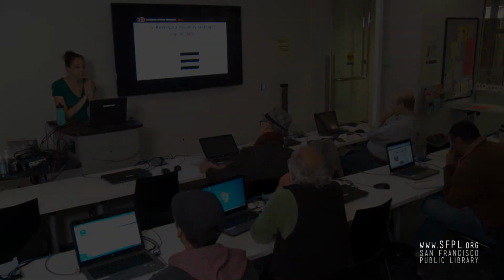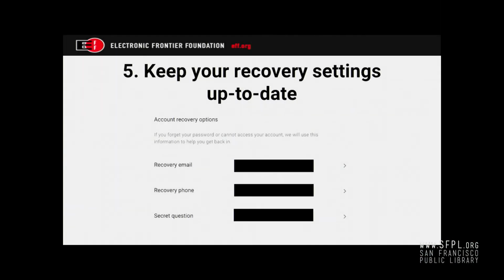This next tip, our second to last one, so we're close to done, is to keep your account recovery options up to date. So again, we're talking a lot about passwords, what happens when they're compromised, how you can protect against it. Account recovery options mean that if you forget your password, if maybe it's changed, if someone gets into your account and changes your password, if for whatever reason you can't access your account, having other ways for the company or website to contact you so you can get back in.